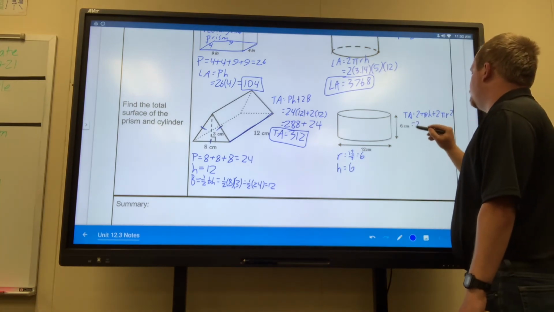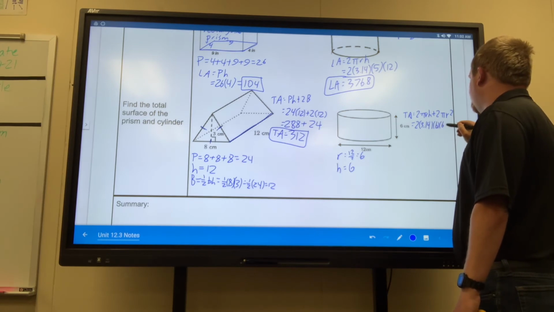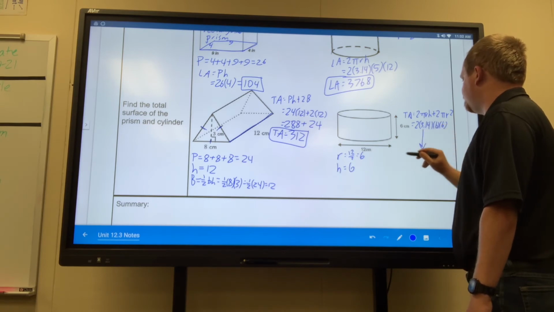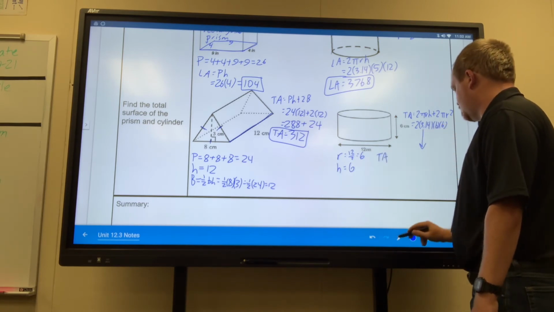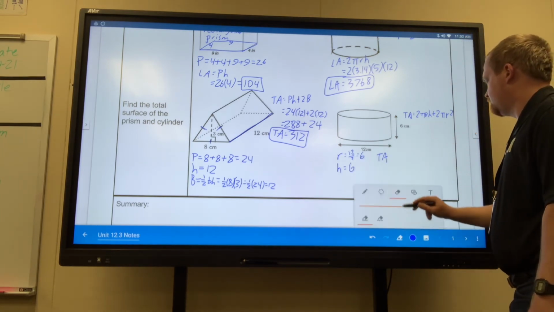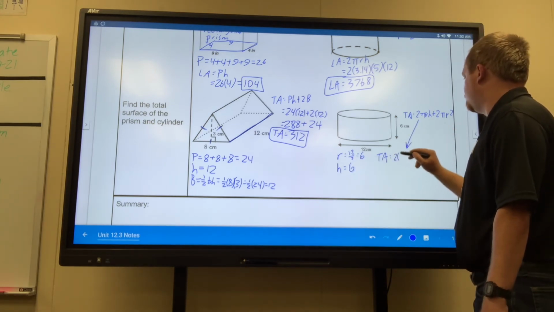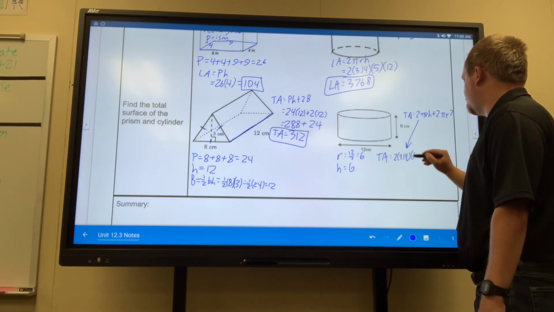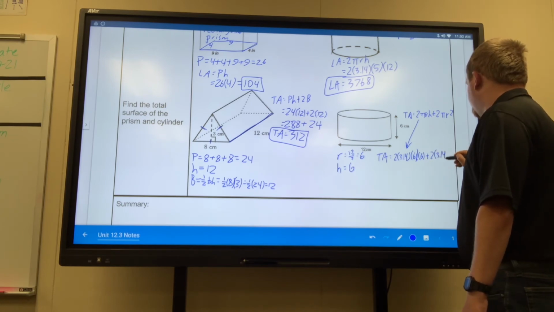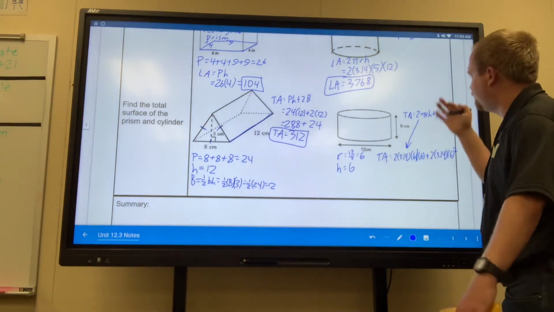So I'm going to do 2 times 3.14 times 6 times 6, plus 2 times 3.14 times 6 squared. I'm just going to set it up like this and bring it down.